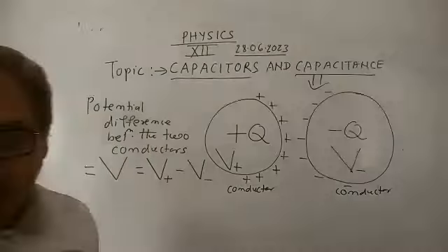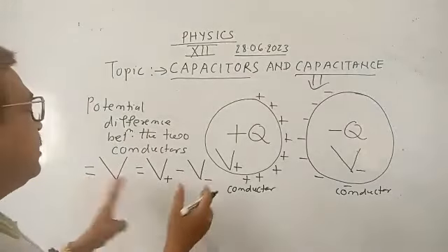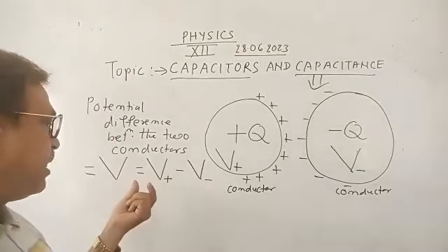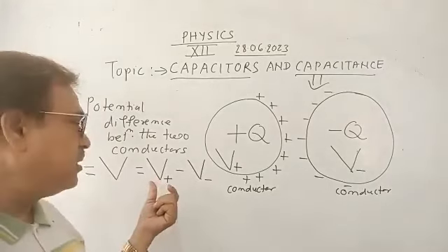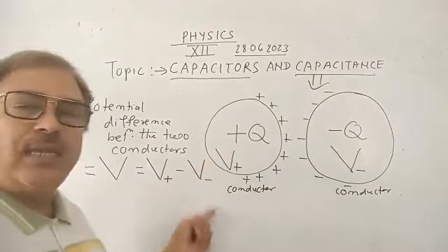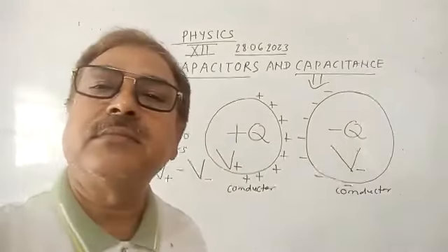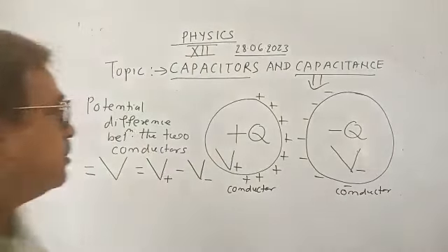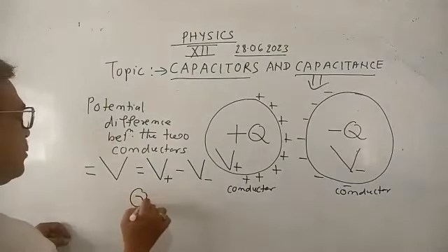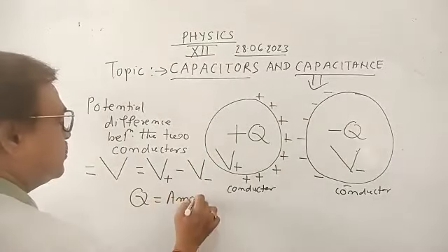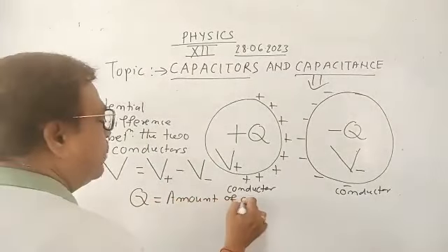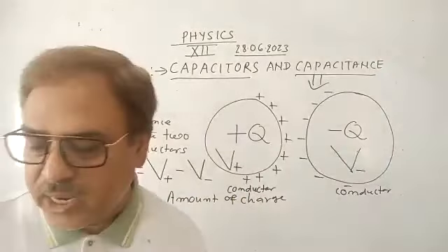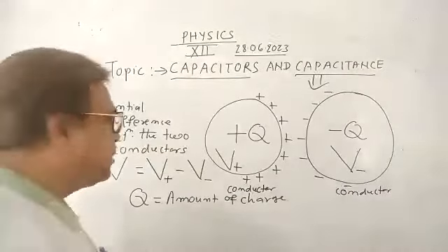So when the potential difference between the conductors is V positive minus V negative, one conductor is loaded with positive charge and the other with negative charge. Here we call Q the amount of charge on the capacitor.